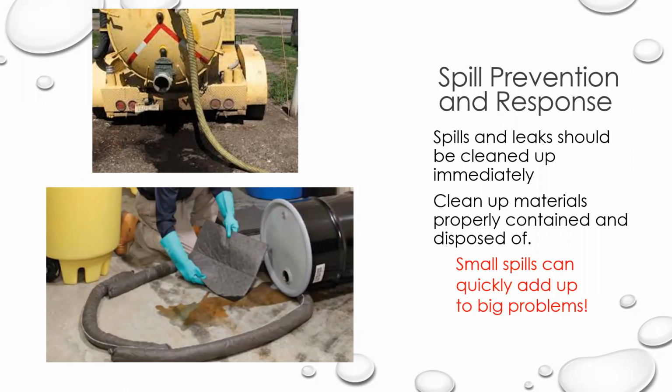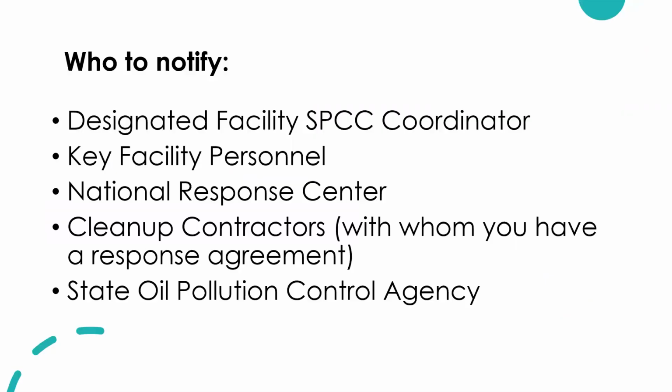And it's important to know small spills quickly add up to big problems. And we'll get into what that looks like in a few slides. But as a part of this, if you do have a spill, you're required to notify.